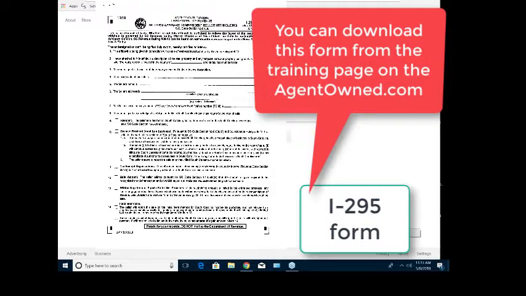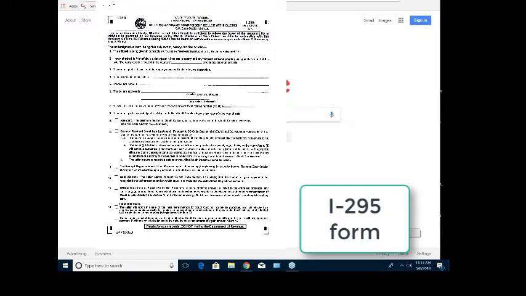Because what the law says is that if I am the buyer and I have a non-resident seller who's selling property, it becomes the buyer's tax liability to either withhold that money, which basically means the closing attorney is going to do it, or to make sure that there's an exemption form signed.